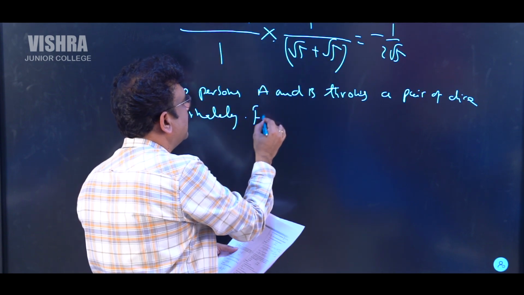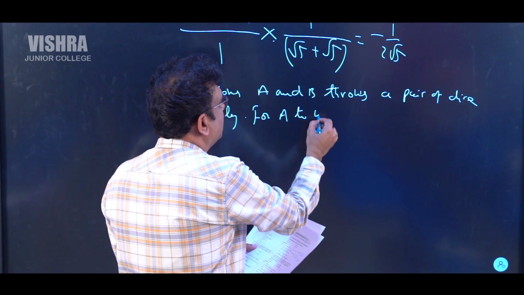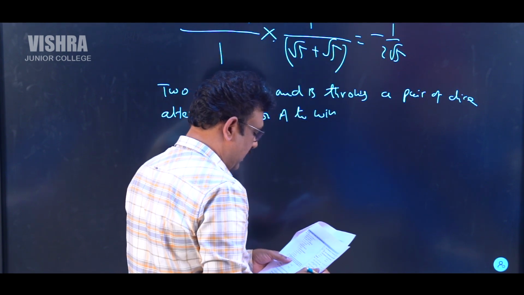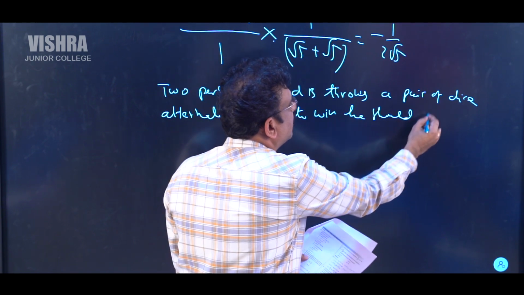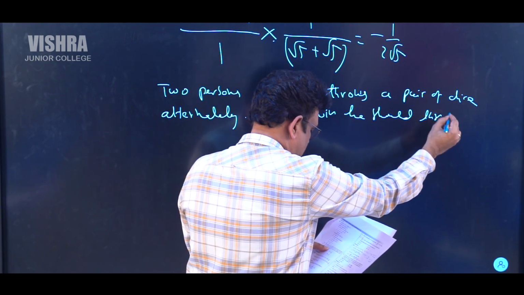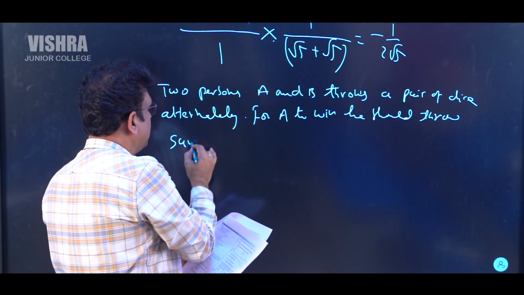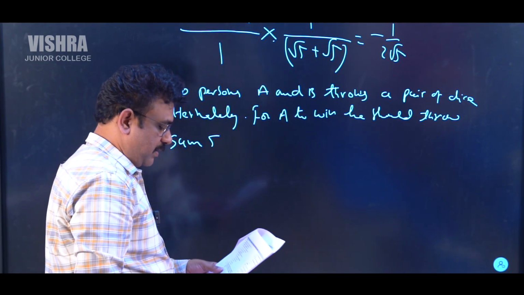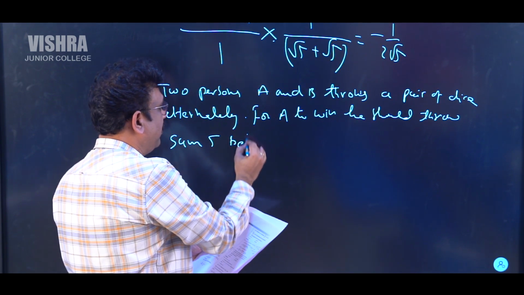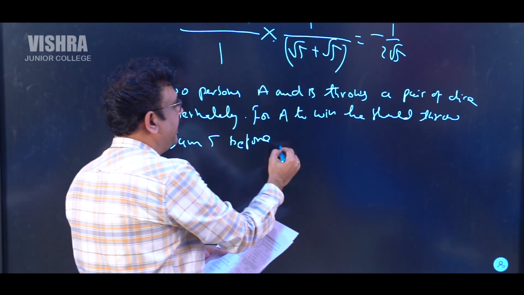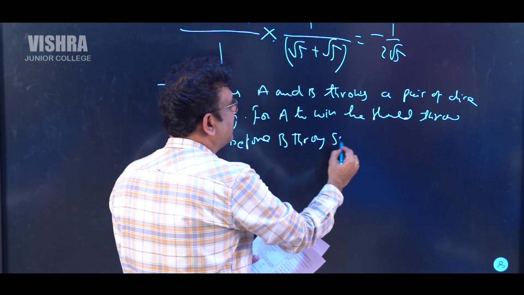For A to win, he should throw sum 5 before B throws sum 8.